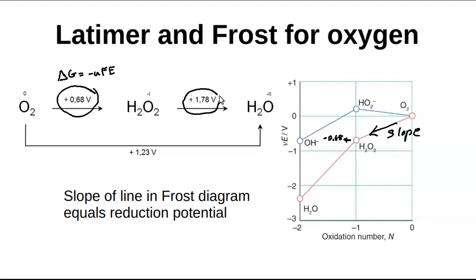And then yet another 1.78 volt arrives, this is the slope here. So this value here, the distance between these two, should be 1.78. Since it's only one electron, oxygen goes from 0 to -1 and to -2. And the sum of it is 1.23. This is tricky.